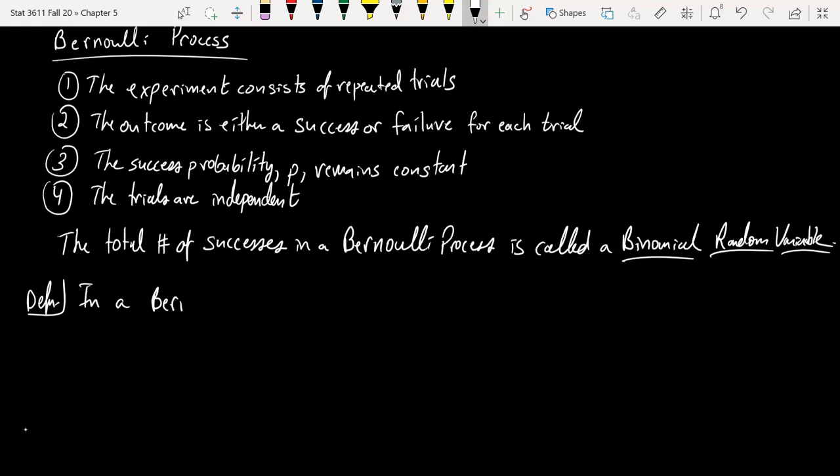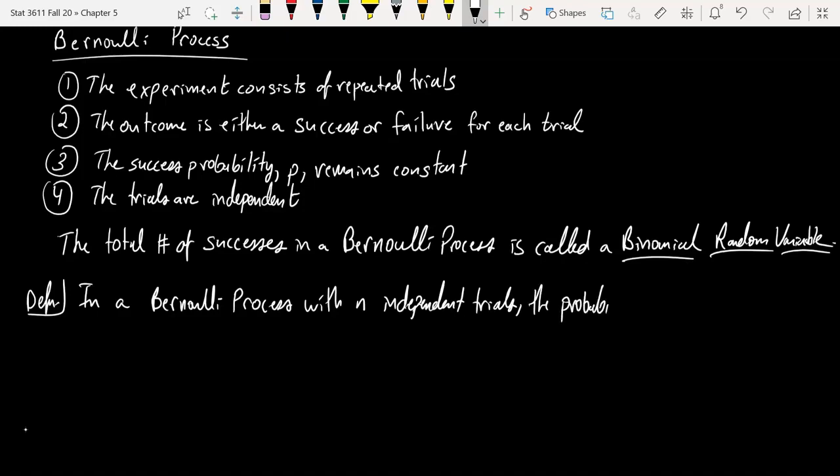In a Bernoulli process with n independent trials, and with the probability of success being p, and failure probability, we tend to use the letter q for failure in a binomial random variable.